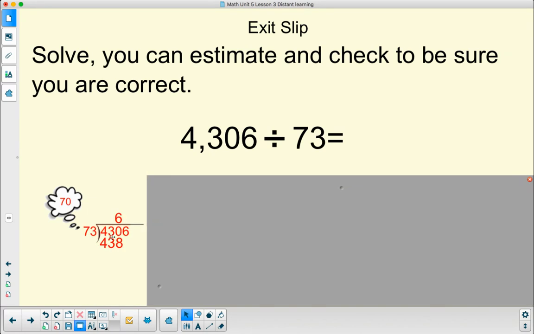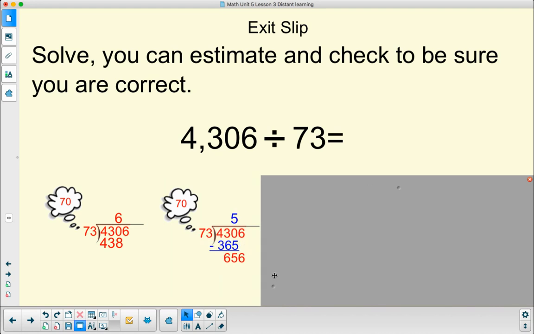First, I rounded to 70. That would say I had 6, but 6 groups of 73 were 438, an overestimate. So I adjusted down. 5 groups of 73 were 365. I had 65 less. That was okay.